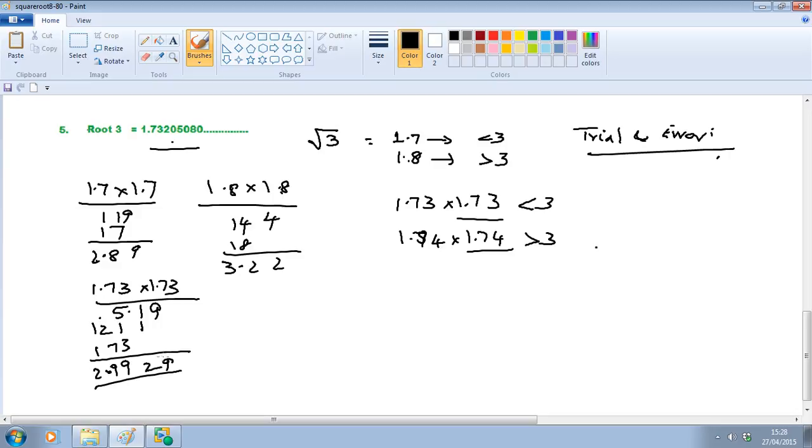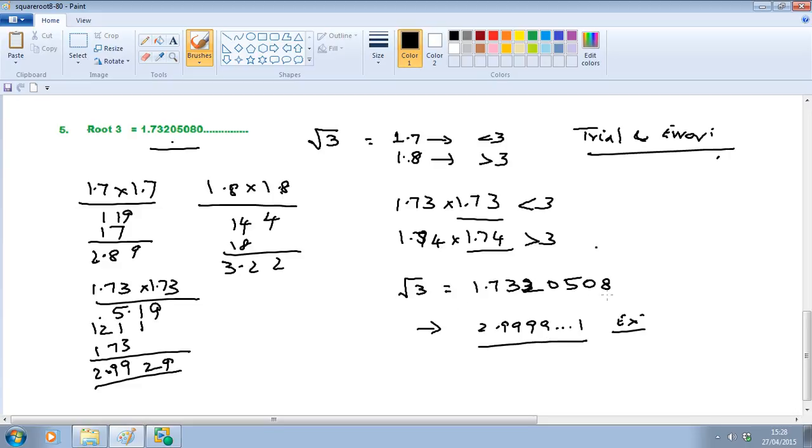It's going very near to 3, but you won't get the exact root. For root 3, you can try any number. 1.7320, that is the answer given; you try with this one, the answer will go something like 2.9999 something. This is the example I'm telling you. Like this it will go. It cannot become exactly 3.